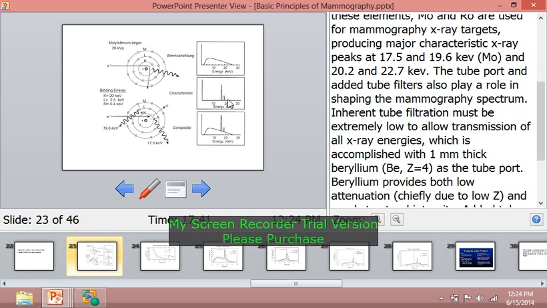So here is the graph. The above one shows the Bremsstrahlung radiation, that is continuous radiation, and in the middle there is the characteristic radiation of nearly 17 and then 19.6, and this is the combined, composite one.